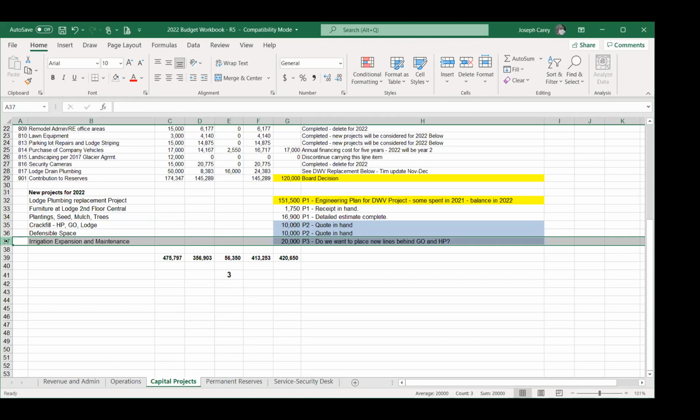I don't think we have a right to put in irrigation if it's not our property. I don't think we would even be allowed to do it. And if we approached Glacier saying, why don't you irrigate this so it looks better, they're going to go.